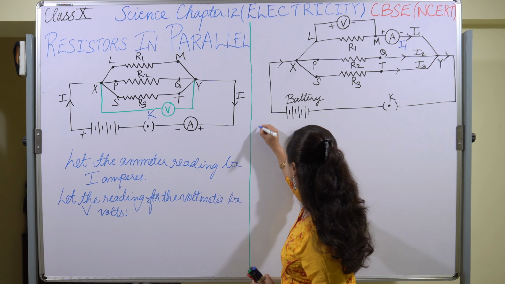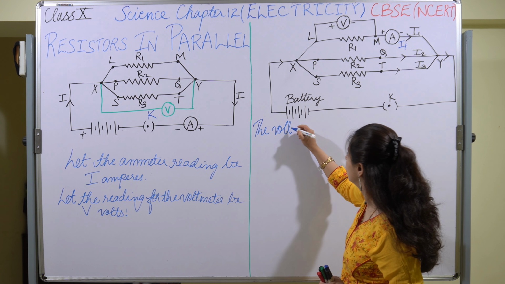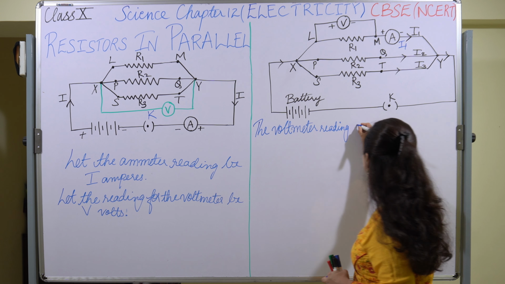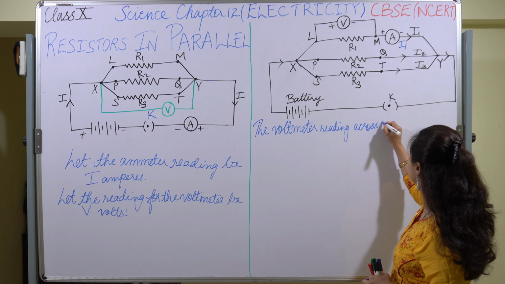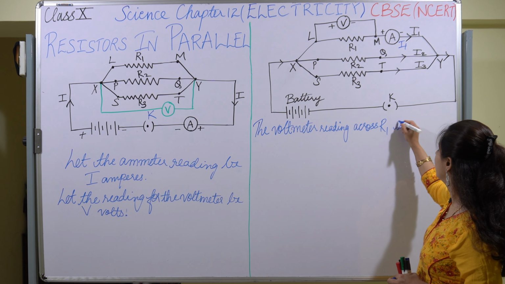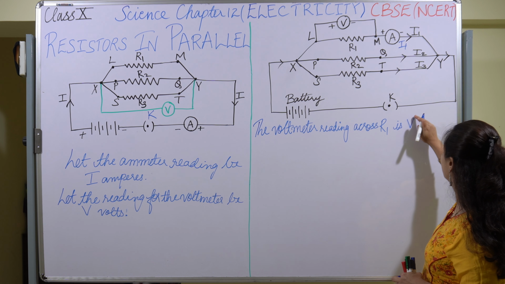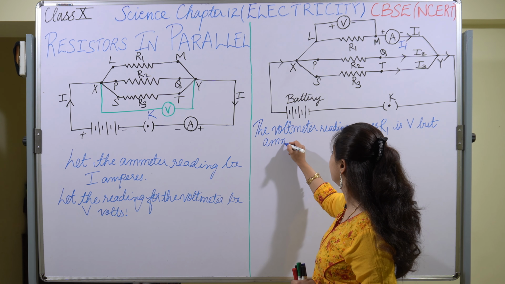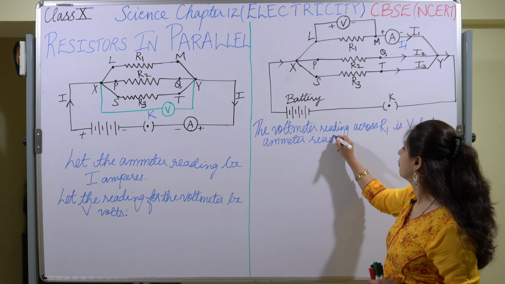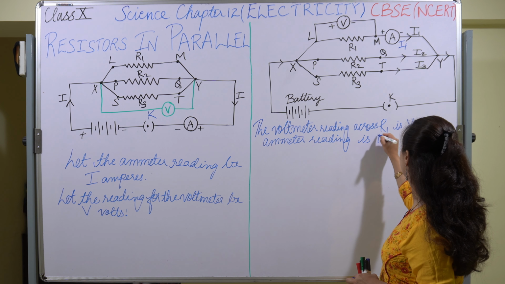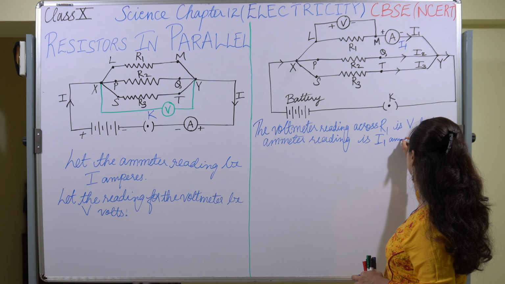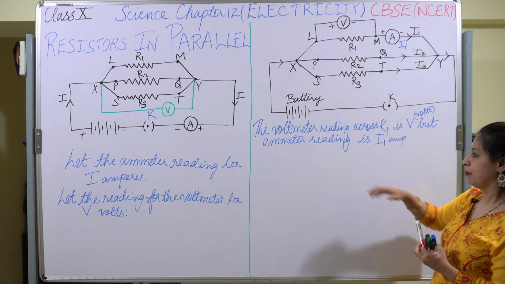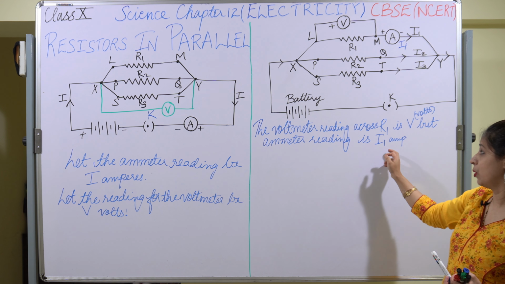So let us write down: the voltmeter reading across R1 is V volts, but the ammeter reading across R1 is I1.